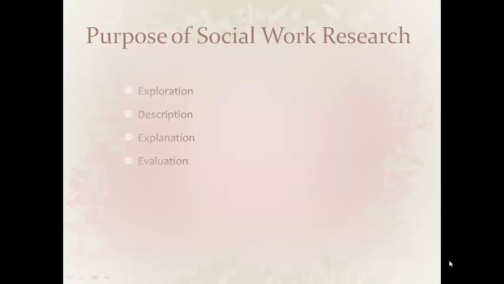The next level is explanation. Researchers have an explanatory purpose if they wish to know why battered women repeatedly return to live with their batterers. They don't want to just describe how often they do or how they do it. They want to know why they do it. And the level of explanation actually requires an even more rigorous type of study, and rigorous meaning a lot more controls in there.